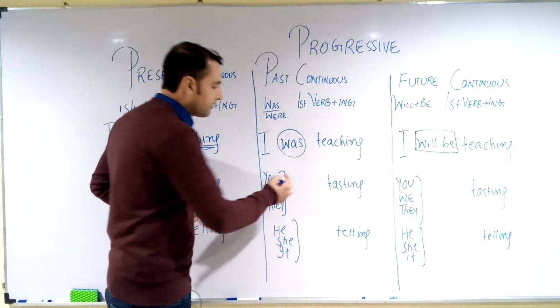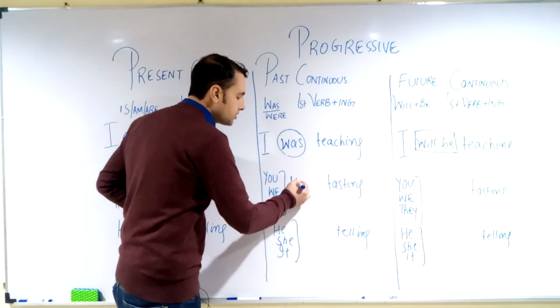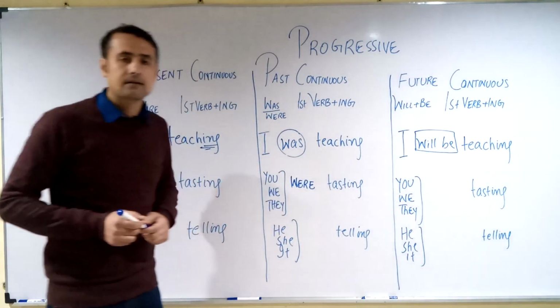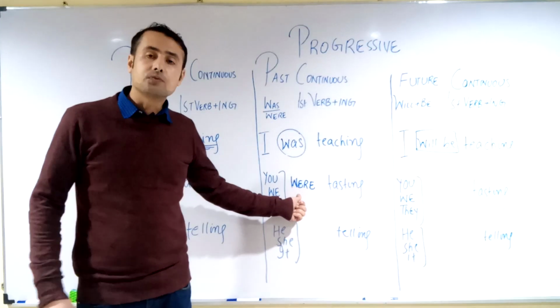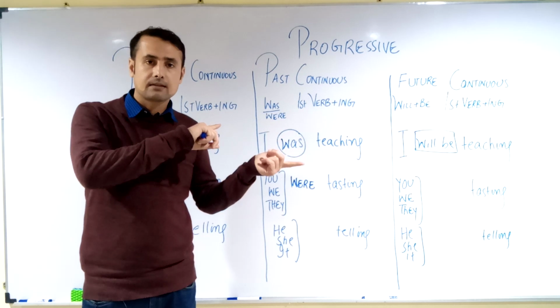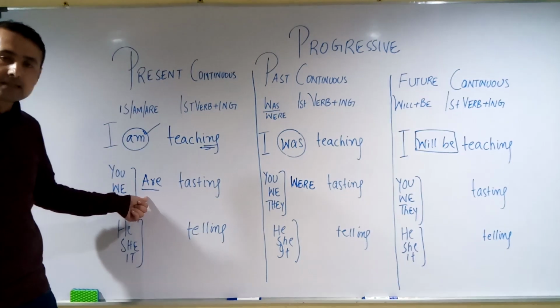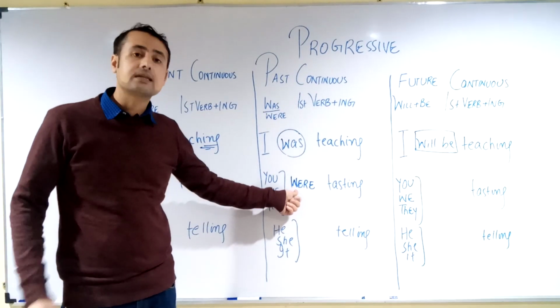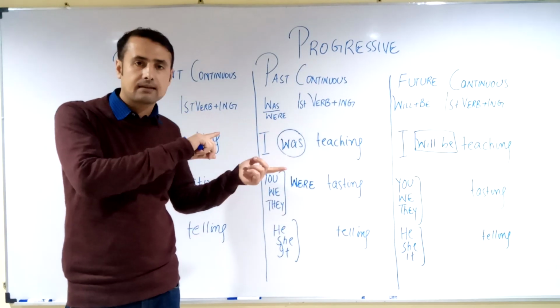If I want to shift from present continuous to past continuous, instead of using are, here you were tasting. तुम टेस्ट कर रहे थे. You are tasting. तुम टेस्ट कर रहे हो. You were tasting. तुम टेस्ट कर रहे थे.